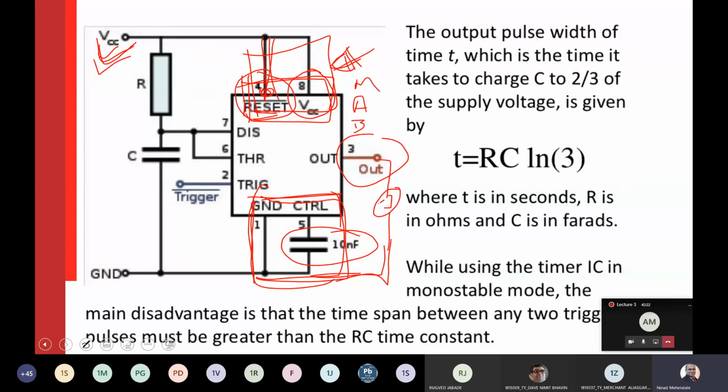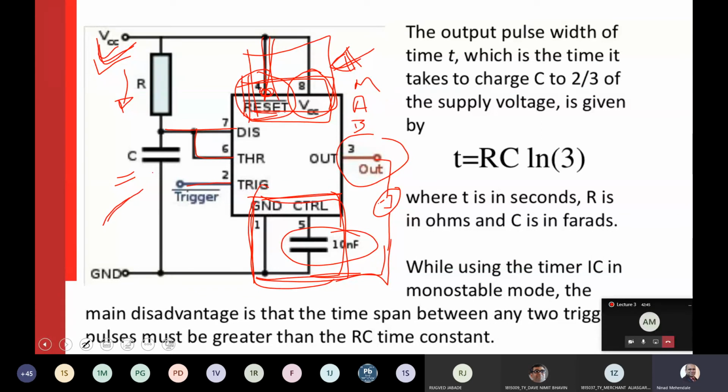Okay. Now, this particular circuit is for monostable. So it has a capacitor, it has a trigger pin, and the capacitor is charged through a resistor R, and then it is connected to pin number 7 and pin number 6, threshold. So what will happen when you turn on the circuit? The capacitor will start charging.